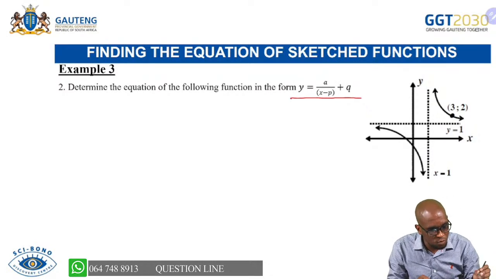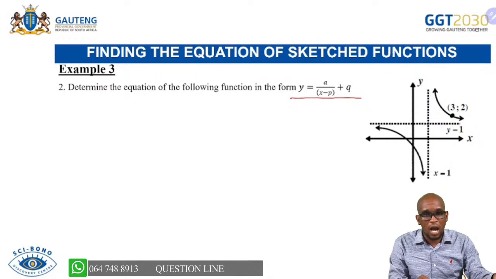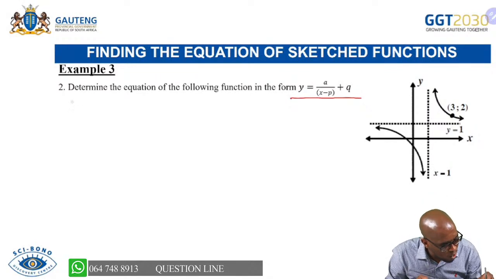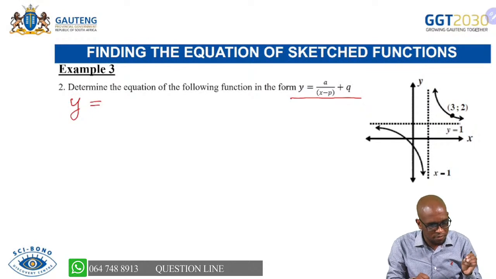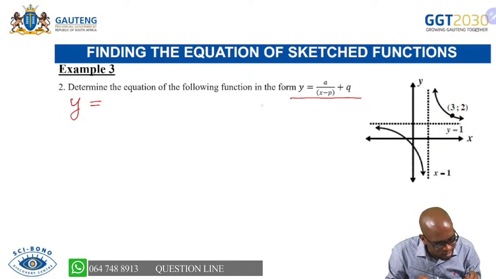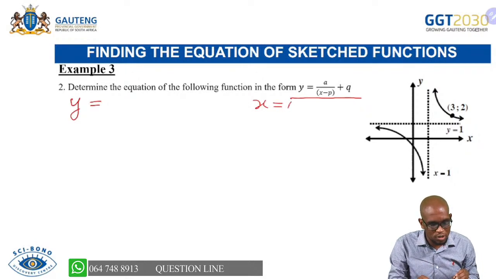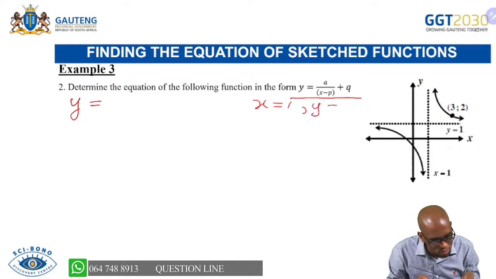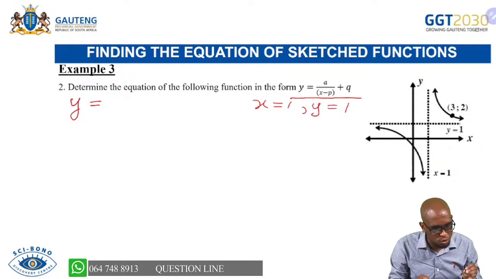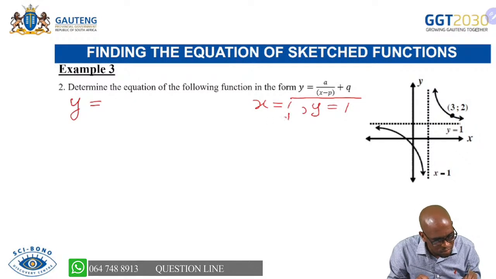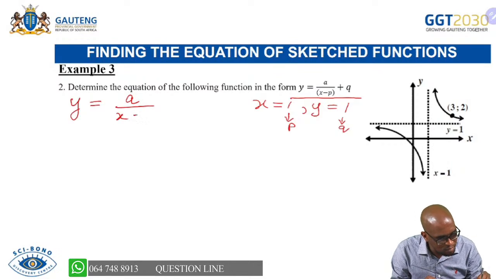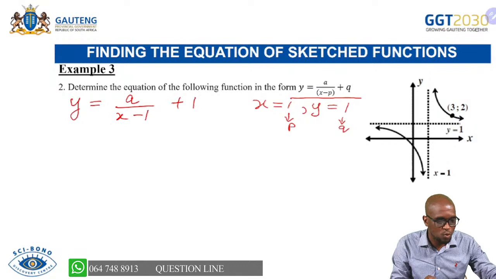So first we substitute our asymptotes: x equals 1 becomes p, and y equals 1 becomes q. So we'll have a over (x minus 1) plus 1.